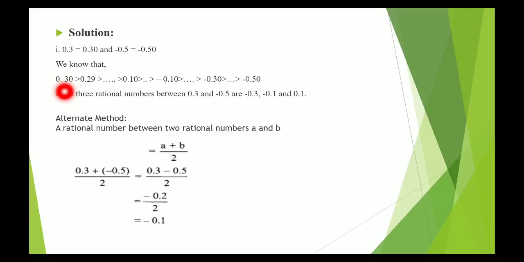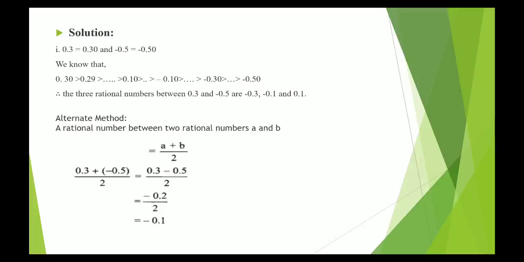So 0.30, after that 0.29, 0.27, 0.26, and it goes on till 0.10, 0.05, 0.02, 0.01, 0.0, then minus 0.1, then minus 0.5 till it reaches minus 0.50.